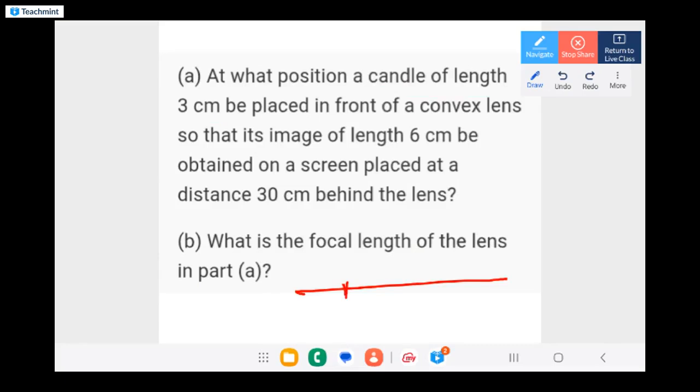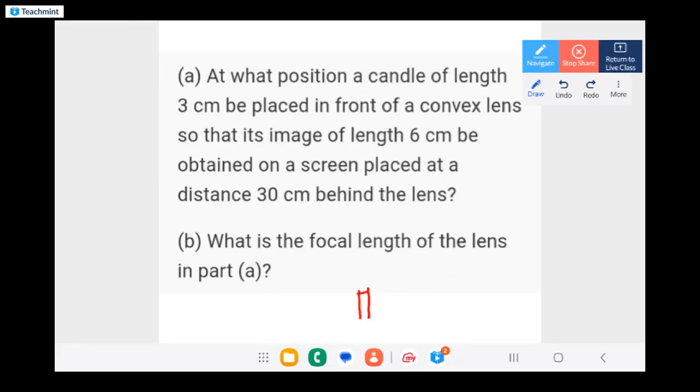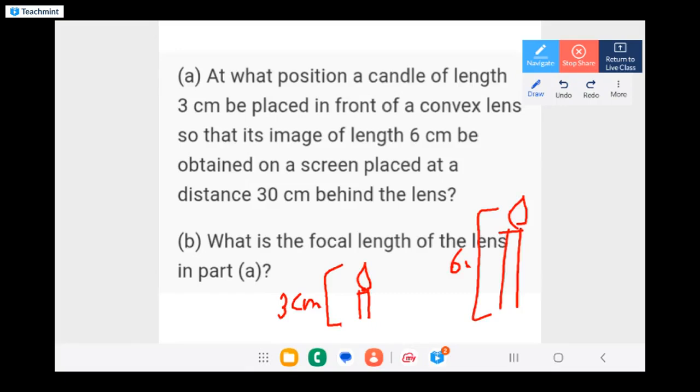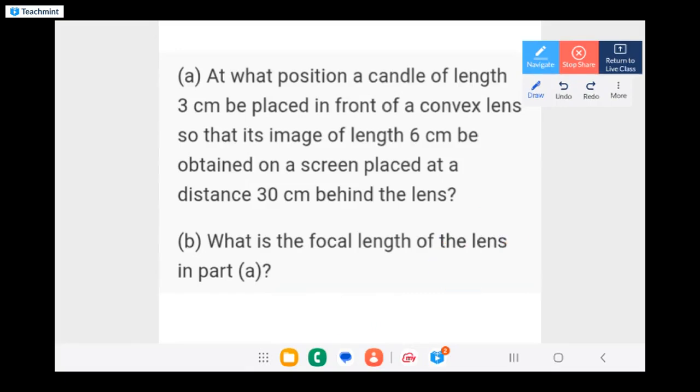But object and image do have certain height, like the height of a candle. Let's say if it is 3 centimeter, and we have an image of that candle which might be double of it. So even height can be included into your questions. That also gives you a lot of idea about the magnification. Height always leads to magnification information. So let's take this question.